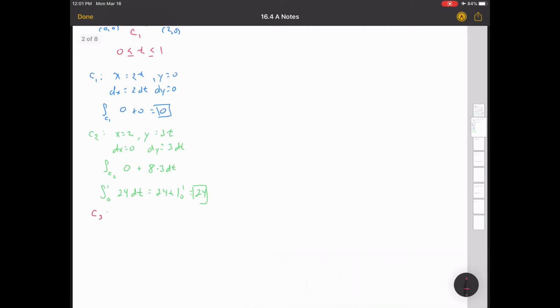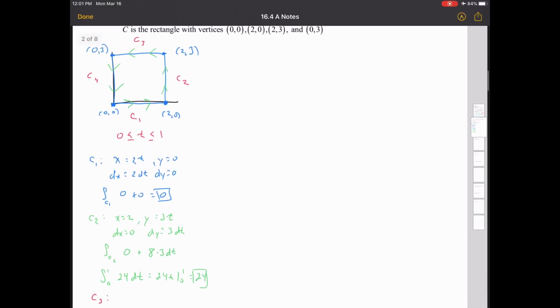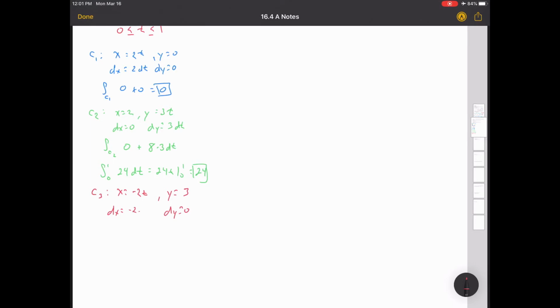So C3, x is going from 2 to 0, so it's actually going down. So that means that our x is going to be negative 2t, and y was just constantly 3, it doesn't change. So again, our dy is going to be 0, our dx is going to be negative 2 dt.